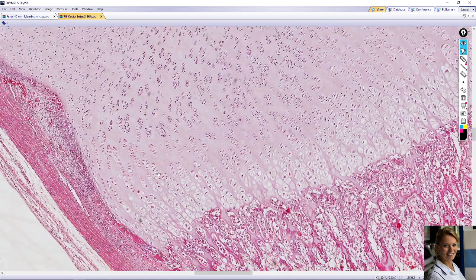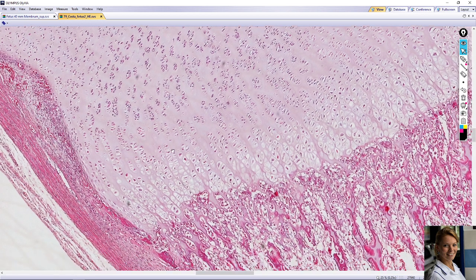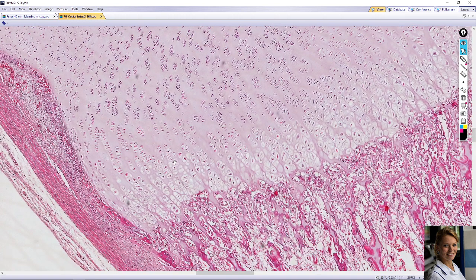In another zone, the hypertrophic zone, these chondrocytes become large and accumulate glycogen in their cytoplasm, and in the next zone, the calcification zone, the hypertrophied cells begin to degenerate and the cartilage matrix becomes calcified.